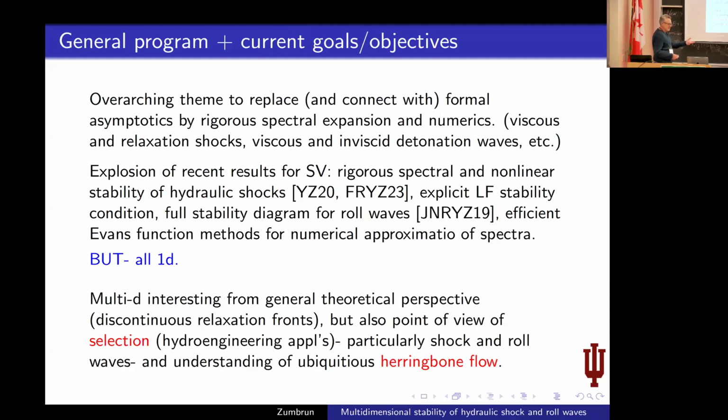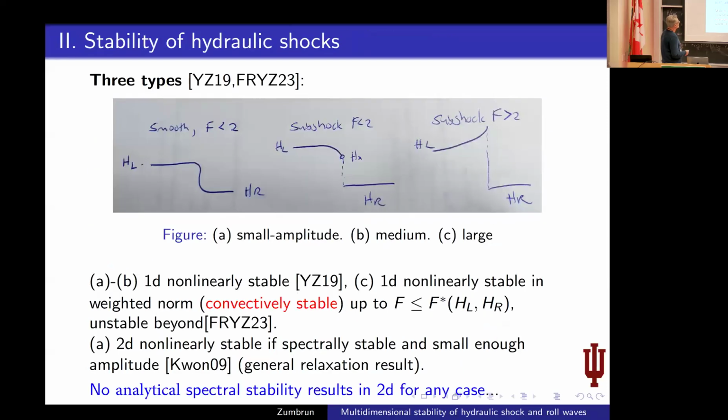So you have discrete modes. That's easier. It's kind of like 1D with other modes slaved to 1D. So there is some help. Okay, but we're really hoping to understand selection, like which waves are going to come out and when, and to understand these herringbone flows, which hadn't been discussed.